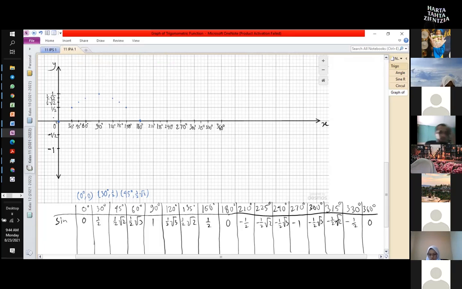And we have negative square root of 1/2. Okay, let's see. It was 0.71, so it should be around here. And 1/2 square root of 3 is around here, negative.